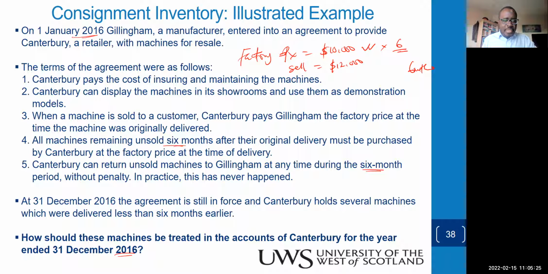At 31st December 2016, the agreement is still in force, and Canterbury holds several machines which were delivered less than 6 months earlier. Beautiful. How should these machines be treated in the books? I'm looking at my time. I should finish this. We don't want to defer this. How should these machines be treated in the accounts of Canterbury for the year ended 31st December 2016?